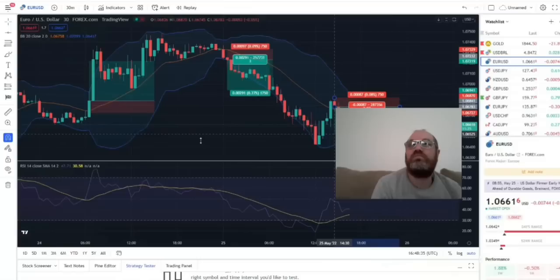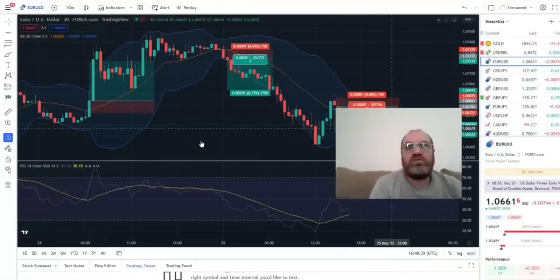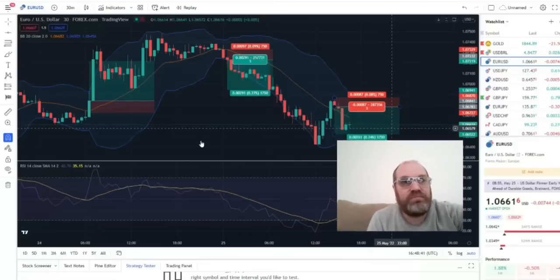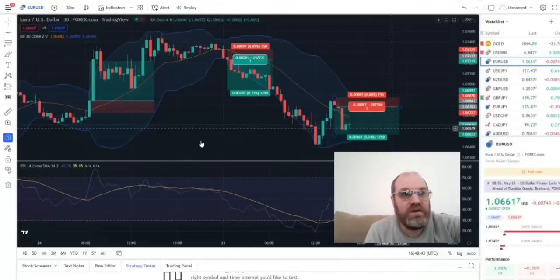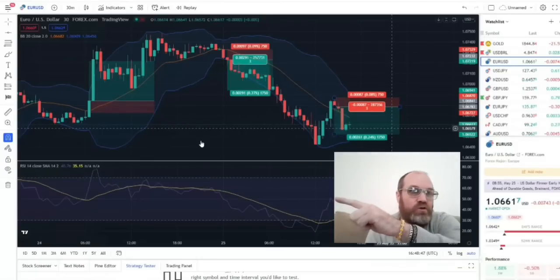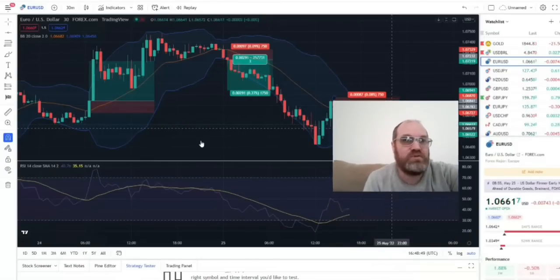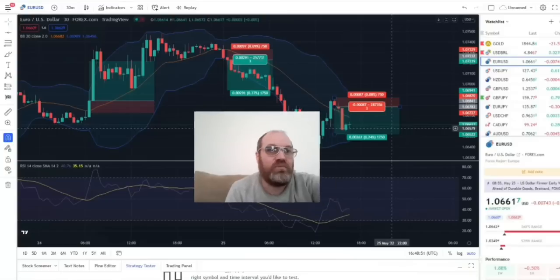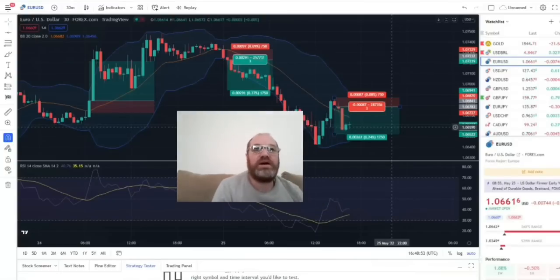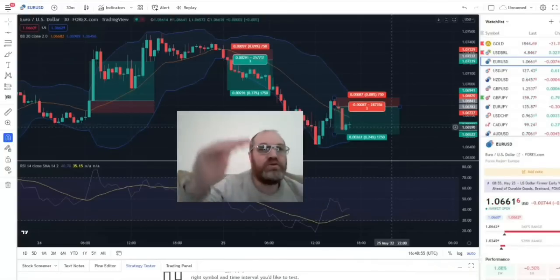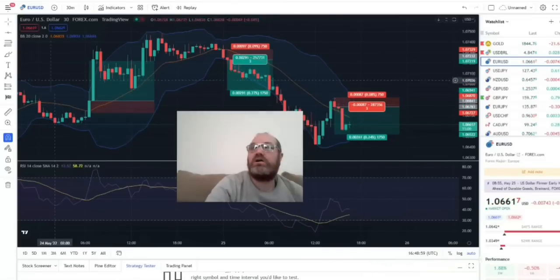Let me see. There. In some way we could say that we could actually enter here also with a long trade, because this was valid. So in some way we would actually have a losing trade here, but we did re-enter right away with a short trade.